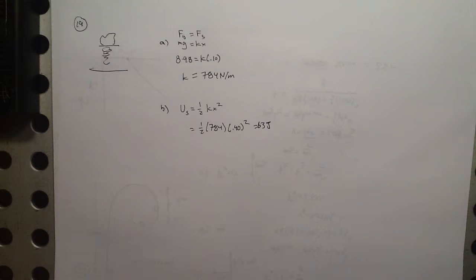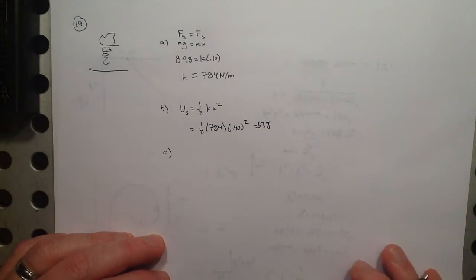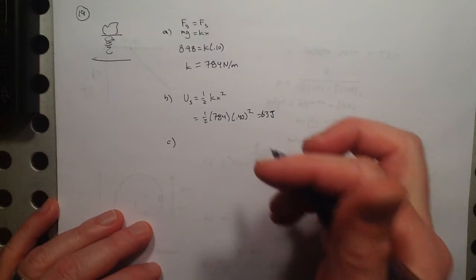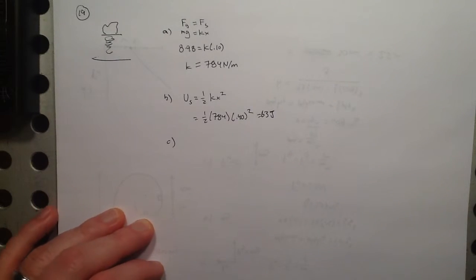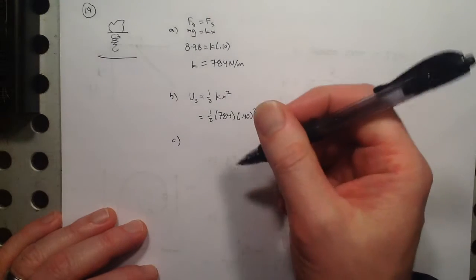In part C, what's the change in gravitational potential energy of the stone-earth system when the stone moves from the release point to its maximum height? So we're going to release it from here, and we want to know what's the total change in the gravitational potential energy.